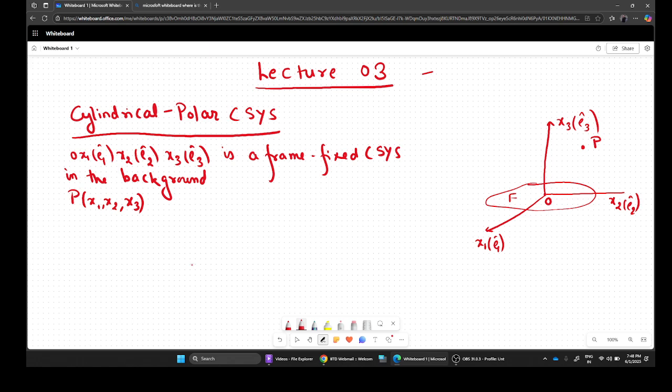However, now I want to refer to this particle and its velocity and acceleration with respect to the same frame using a cylindrical polar coordinate system.